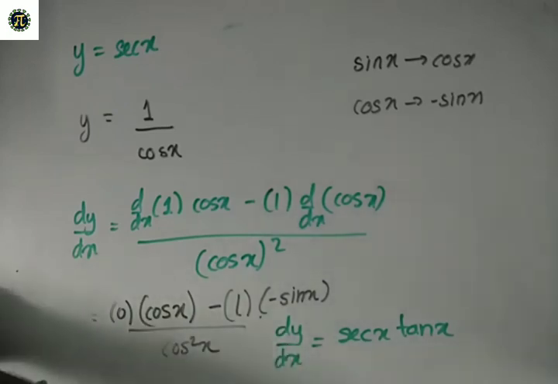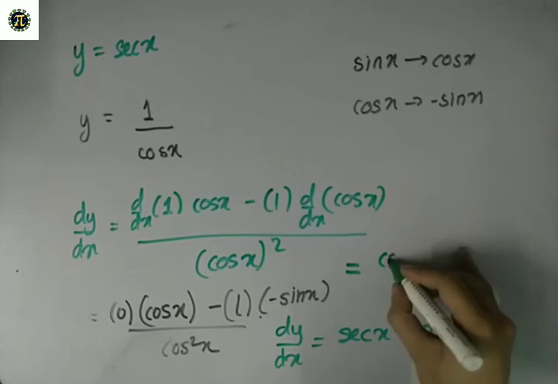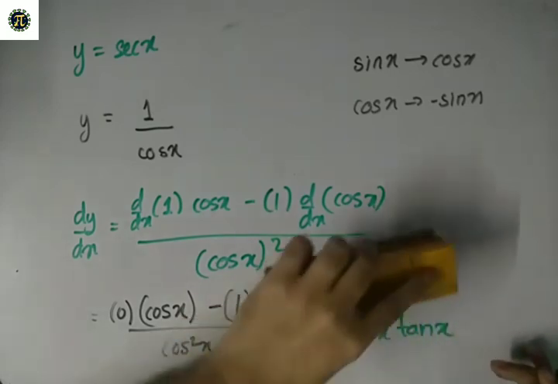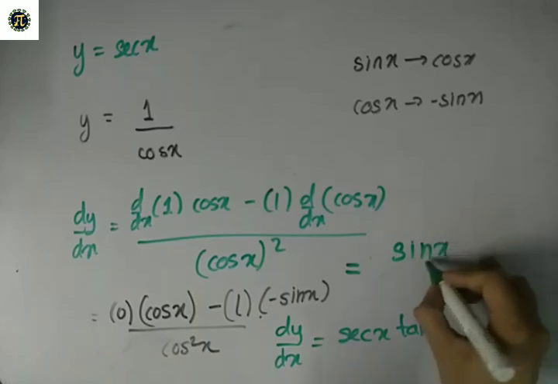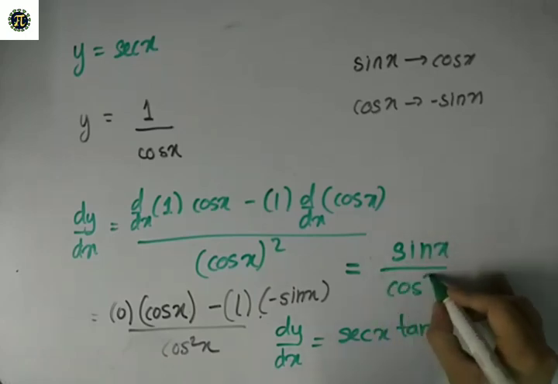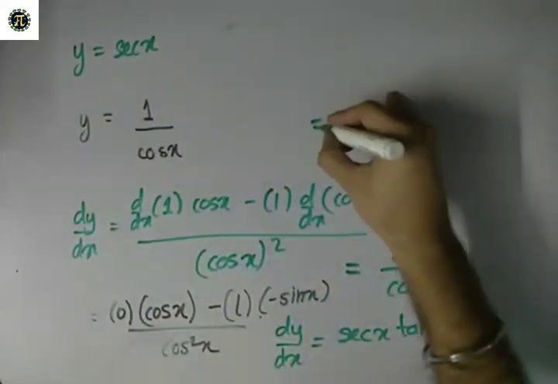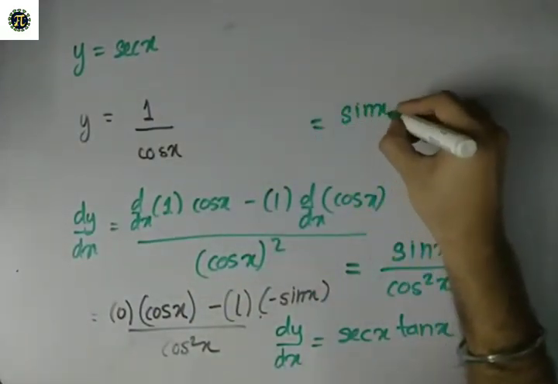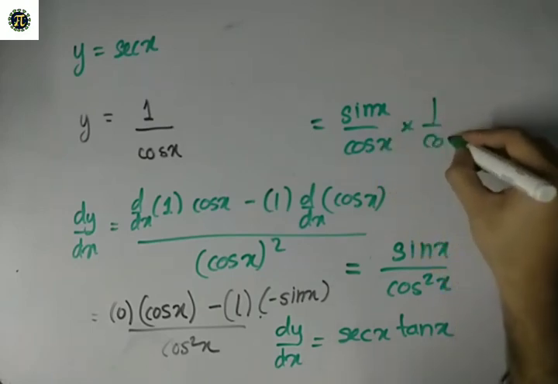So what we are basically left with is, cos x is gone now. What we are left with is sin x by cos square x, right? And this should be decomposed. You can write sin x by cos square x as sin x by cos x into 1 by cos x.